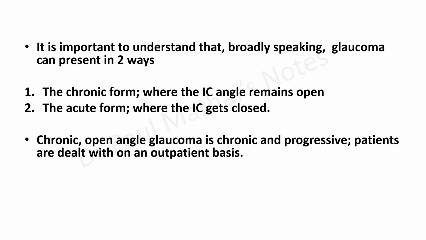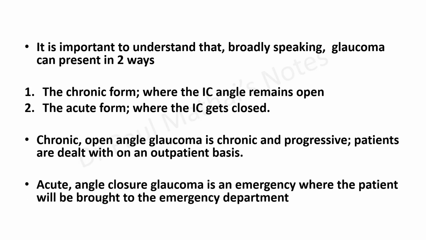Patients are dealt with on an outpatient basis, and many a time it may even be asymptomatic in nature. On the other hand, acute angle closure glaucoma is an emergency where the signs and symptoms present very dramatically, and the patient will be brought to the emergency department.